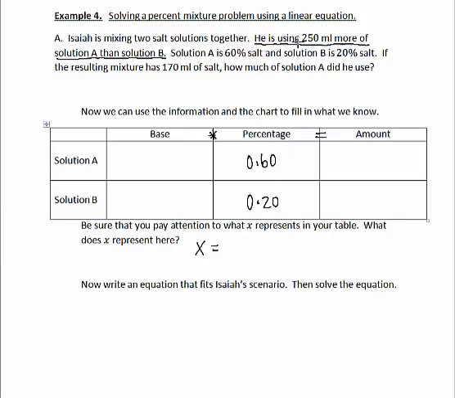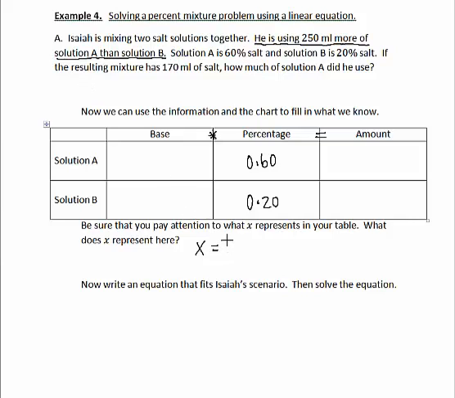And in this case, he's using 250 milliliters more of A than B. So this is tricky because what we're actually going to do to get solution A is add 250 to B. Whatever B is, we add 250 milliliters more to get the solution of A.